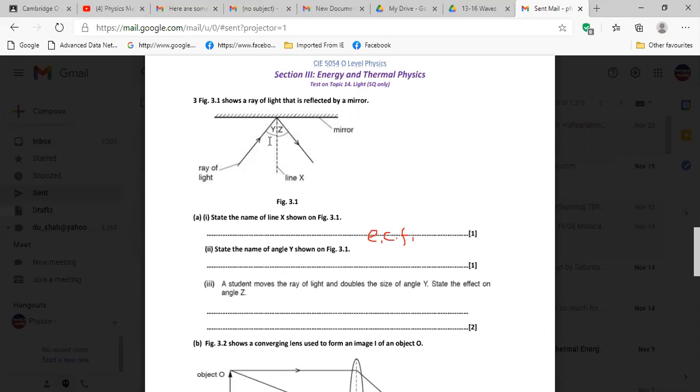Here we got Z. When it was 40 degree, the Z was also 40 degree, right? Now if we make Y 80 degree, then Z will be also 80 degree, right? According to the law of reflection, I equals R, isn't it? Yes, sir.